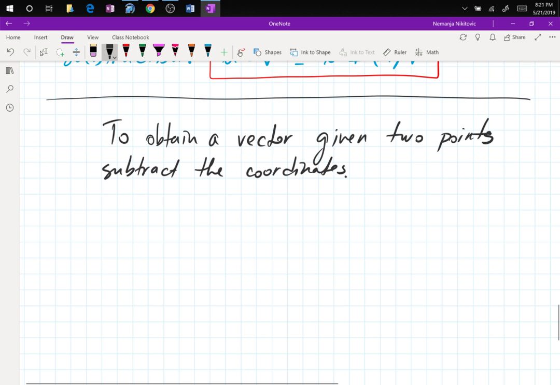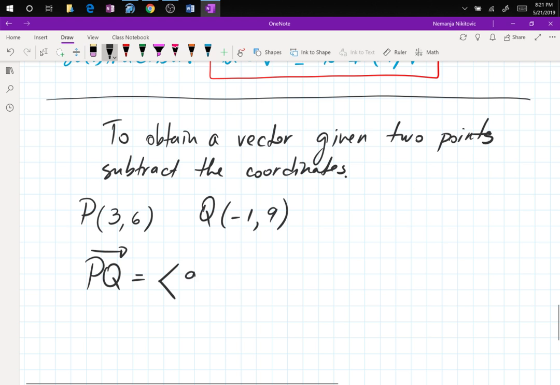So if I have a point P, let's say 3, 6, and I have point Q, -1 and 9, I can find the vector PQ by subtracting -1 minus 3. So it's important to be Q minus P coordinates. So -1 minus 3, comma 9 minus 6 to get -4, 3.